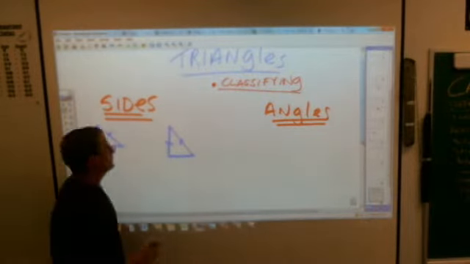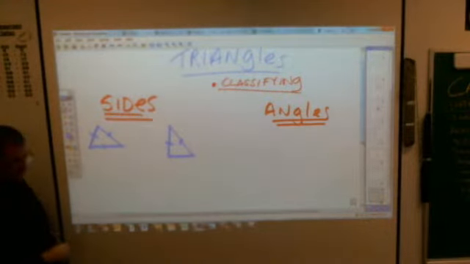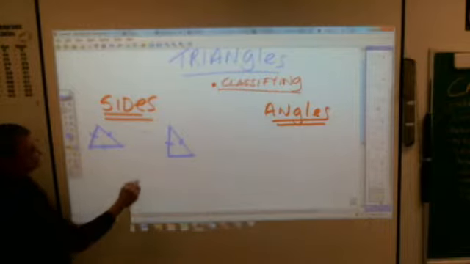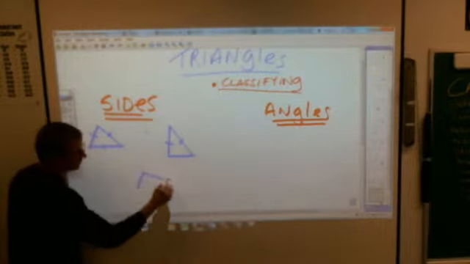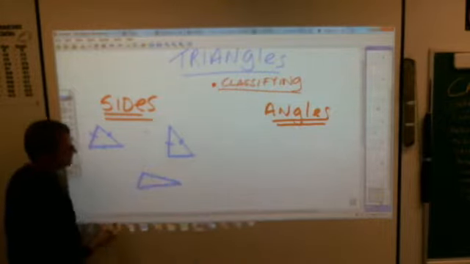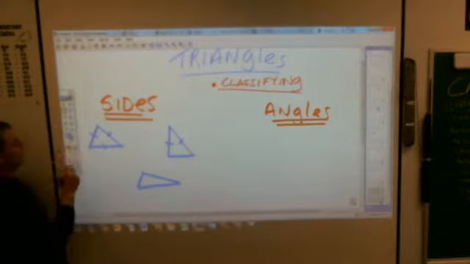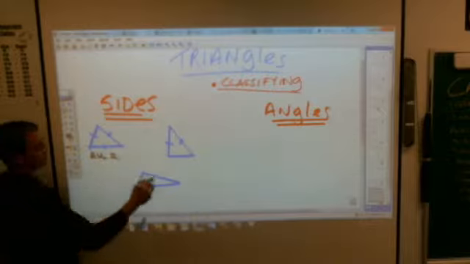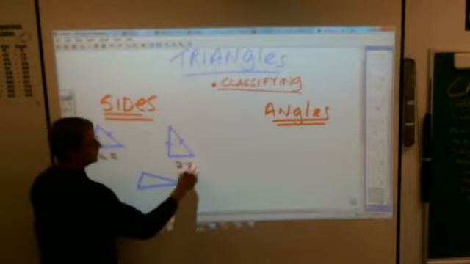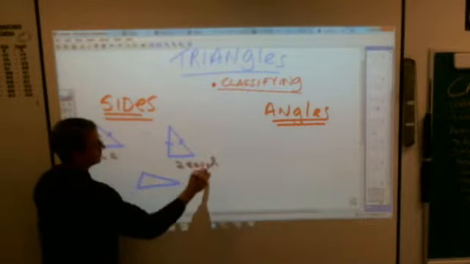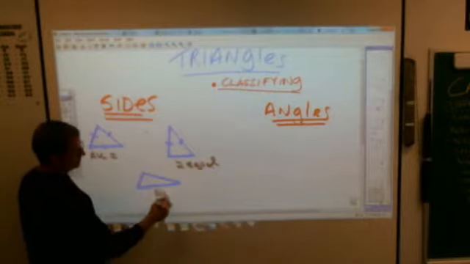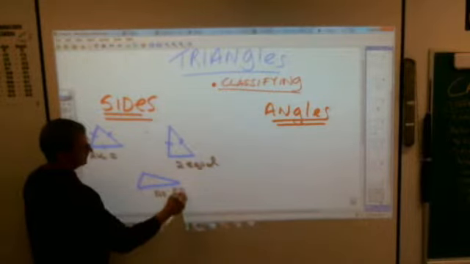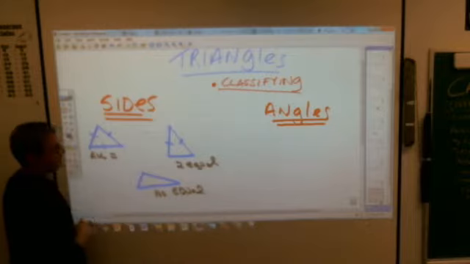So we got all sides equal, two equal sides, or the third possibility would be 0 equal sides. All equal, 2 equal, or no equal.